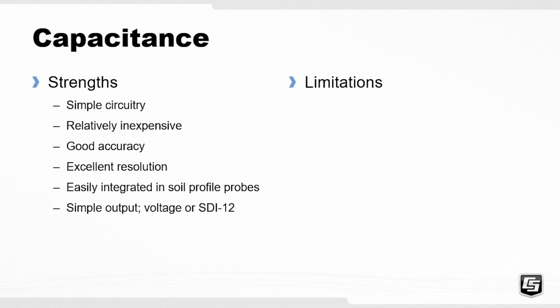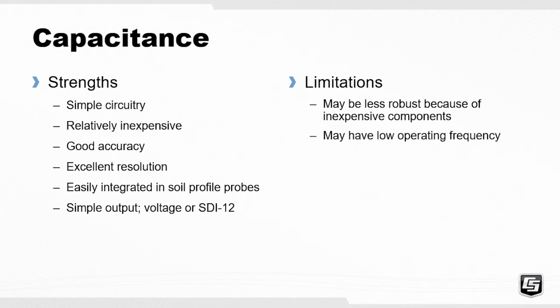Some of the limitations: it may be less robust because of components, but there are certainly high quality capacitance sensors out there. It can have a low operating frequency, which, as mentioned earlier, makes it sensitive to EC, similar to the resistance sensors. And it can also be sensitive to soil texture.